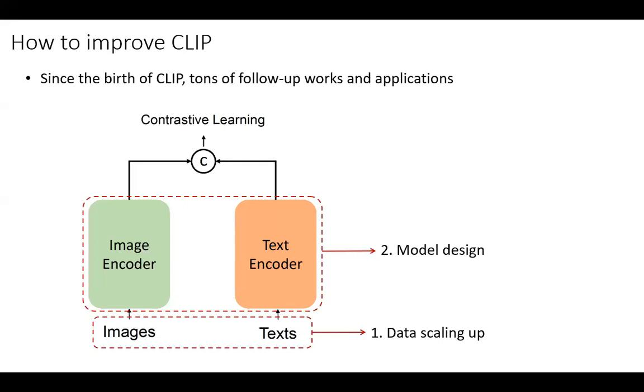The second point is model design, how we can design better models out of the original CLIP. I'm also going to cover briefly the objective function. Contrastive pre-training is indeed powerful, right? But what are the other objectives people have been using? Or can we get some inspiration from them?